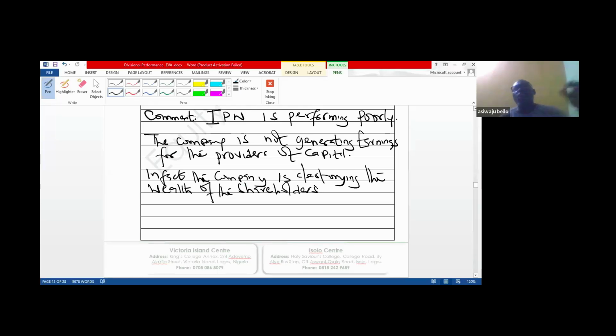Once you compute your economic value added and you have a negative sign, it's an indication of poor performance.